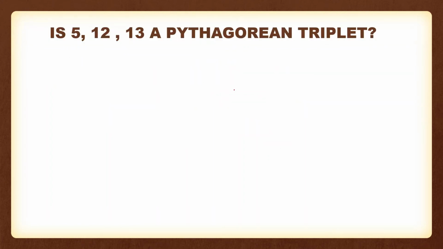Can we apply Pythagorean triplet here in this question where numbers are given 5, 12 and 13? According to Pythagorean triplet, we have these three members 2m, m square minus 1 and m square plus 1, where 2m is the smallest member, and the smallest number should be even.